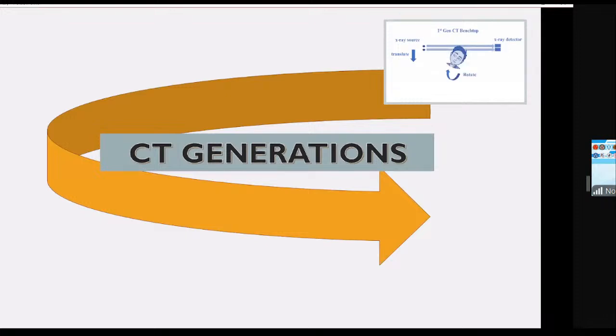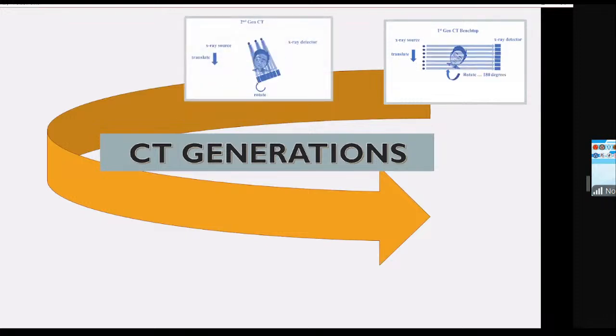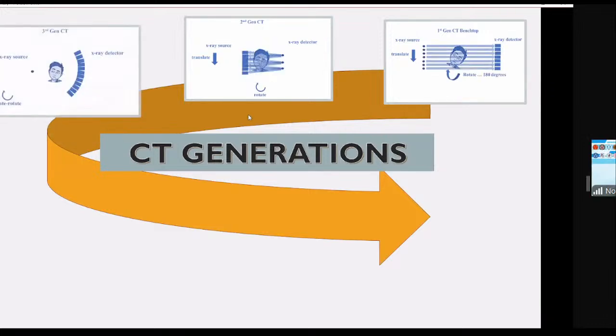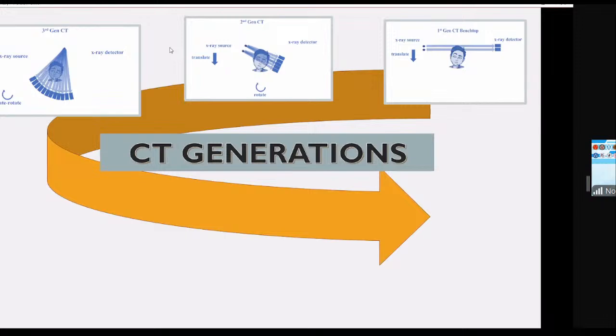Then moving to the second generation, it introduced a fan beam and a detector array, reducing the scan time with fewer rotations. The third generation featured a rotating fan beam and a rotating curved detector array, enabling a faster full 360 rotation.